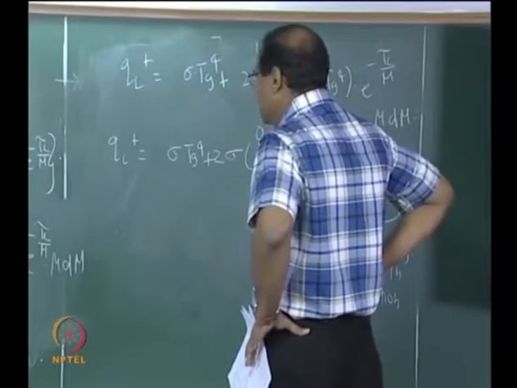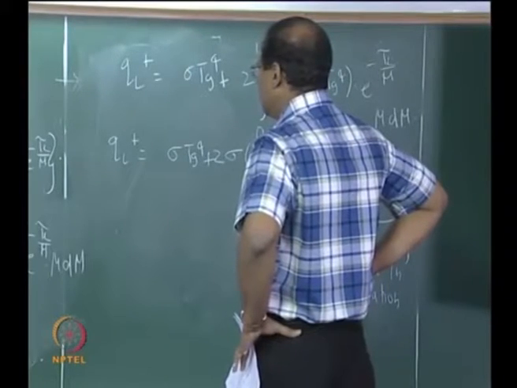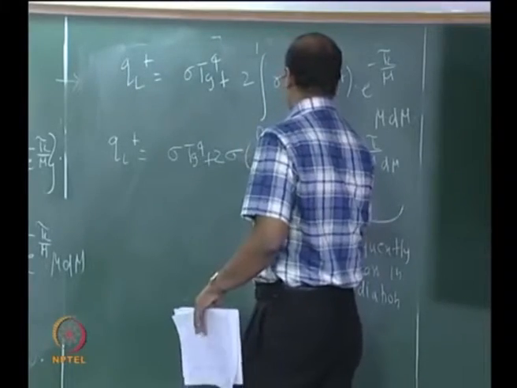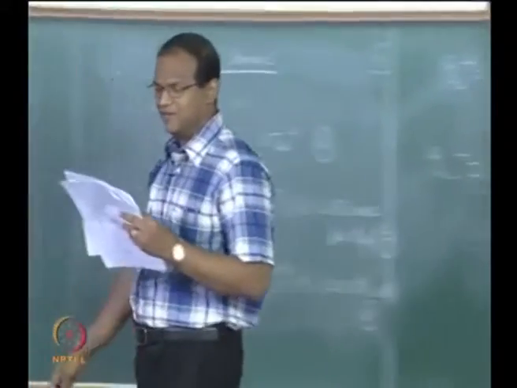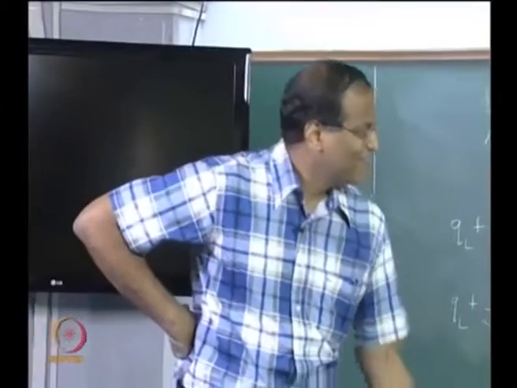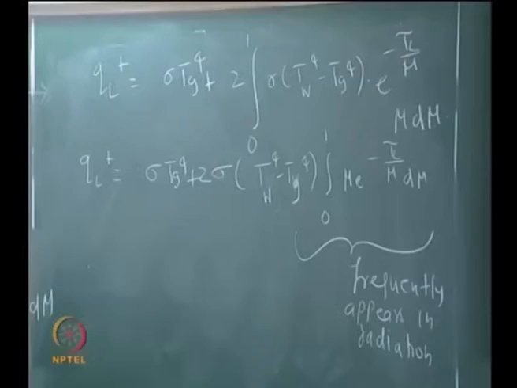Let's see, so what happened? Okay, in the morning when I worked it out at 5 o'clock, it was TG minus TW. I think I made a mistake. All right. Now, this mu e to the power of minus tau L by mu d mu frequently appears.